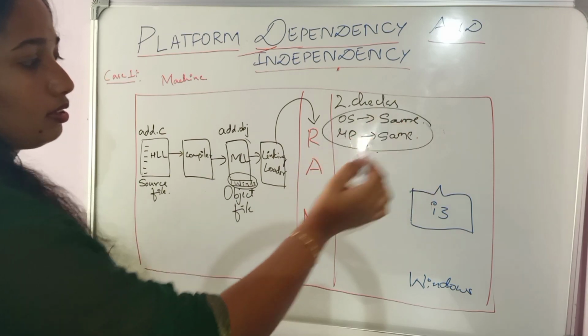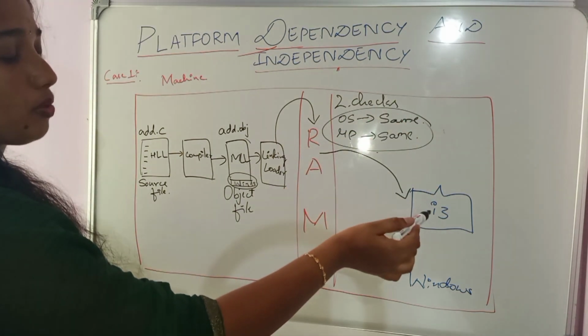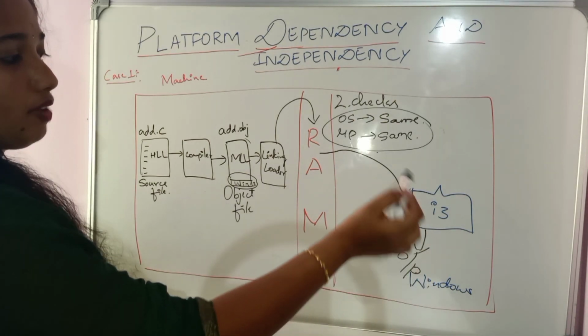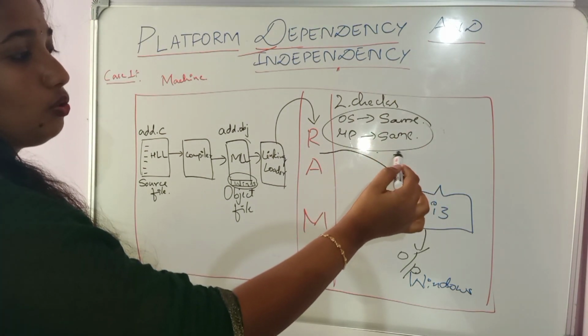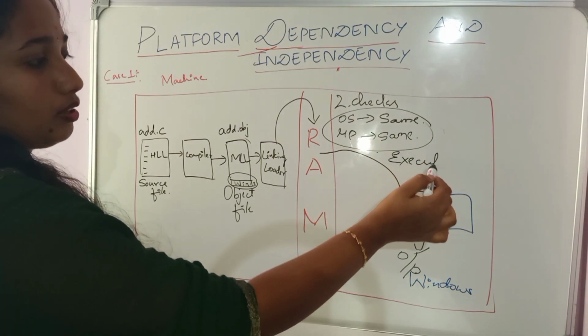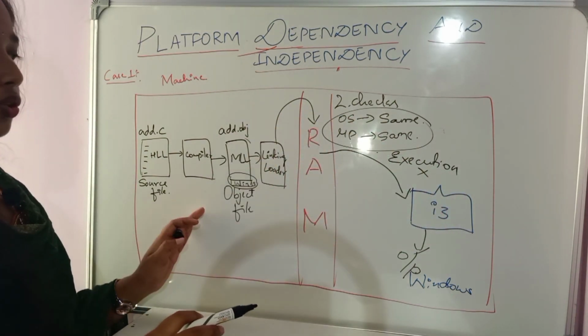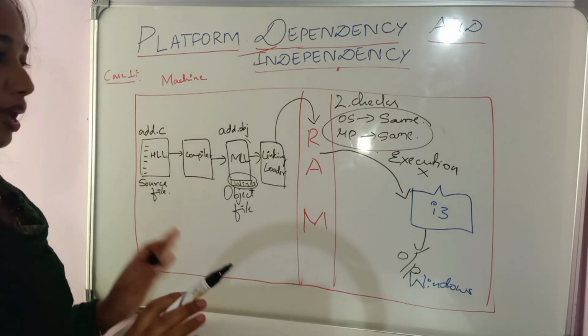Only then will the RAM give the data to the processor and the processor give the output. Otherwise, if any mismatch is there, there is no execution of the program. So this is how C is a platform dependent programming language.